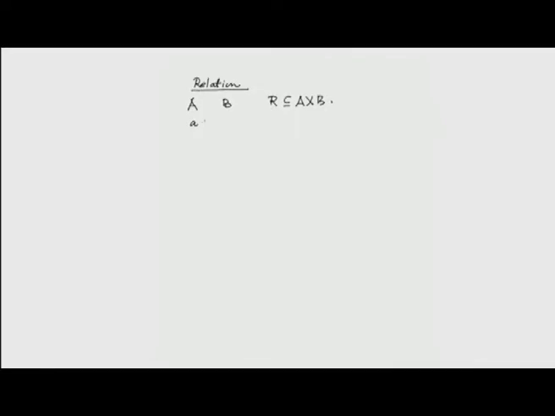Usually when we say that there is an element a belonging to capital A and an element b belonging to capital B, they are related by the relation R if the ordered pair (a, b) belongs to R, and we very often write a R b.